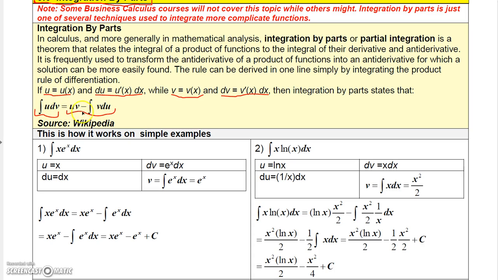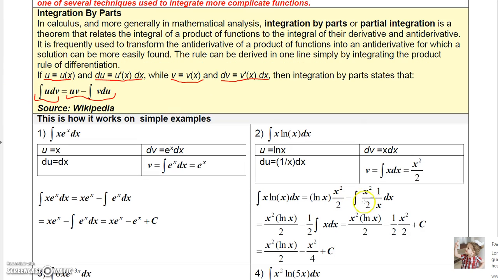Now, this result still has an integral in it, but the idea is that when you integrate this, the second integral you get is actually easier to integrate than the original one. So let me show you an example of that.